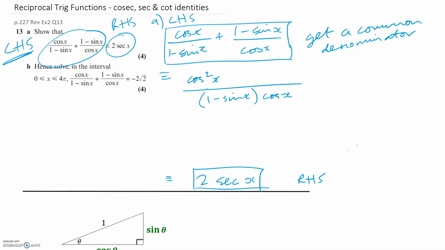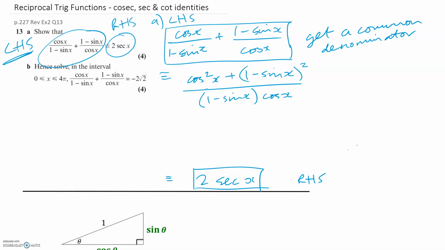Now on the other side, we've multiplied this by 1 minus sine x, so we need to multiply this by 1 minus sine x, so that would be 1 minus sine x all squared.